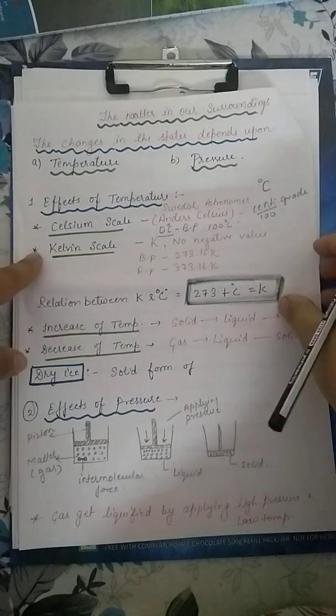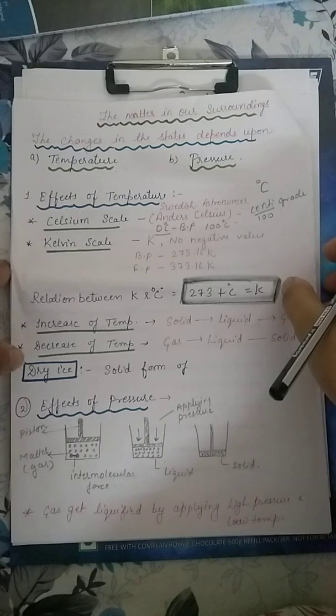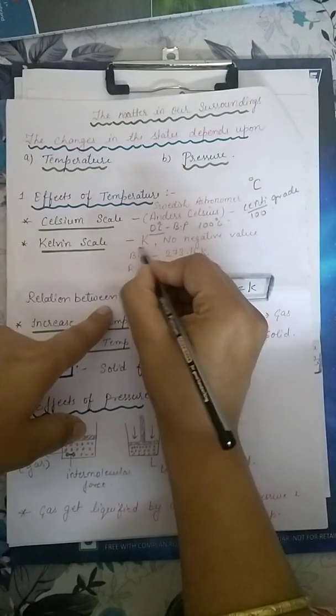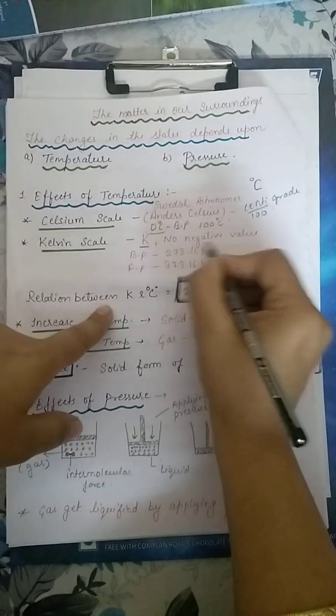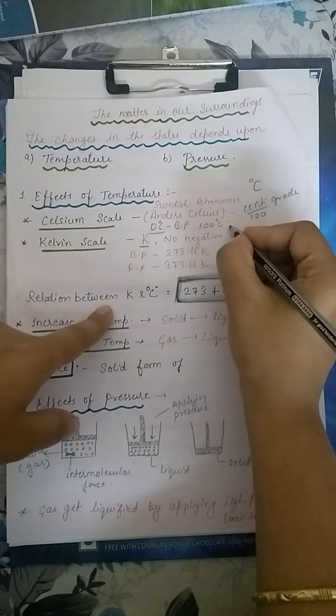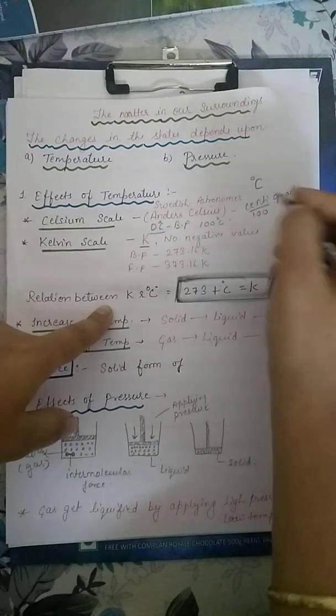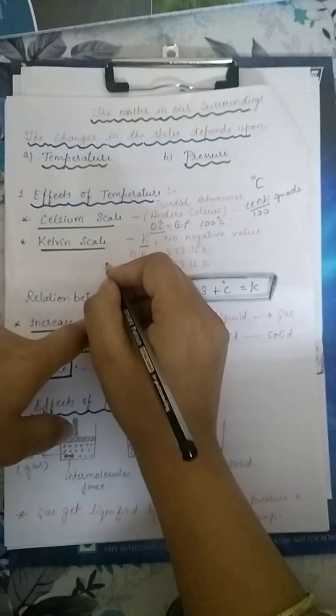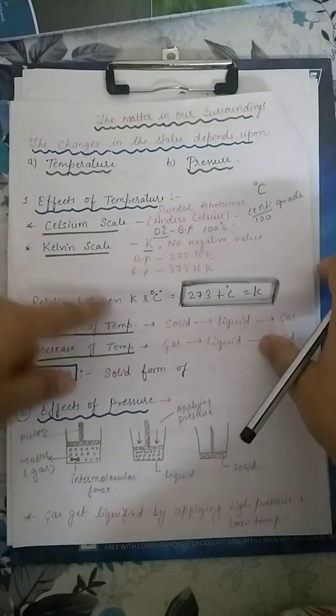Now our second scale is the Kelvin scale, and this is the standardized scale. All over the world, and for scientific purposes also, we are using this Kelvin scale. The symbol is K, and it has no negative value. Celsius can have negative values, we can say -2 degree, -3 degree, but the Kelvin scale doesn't have any negative value.